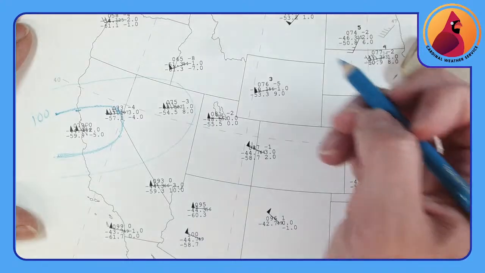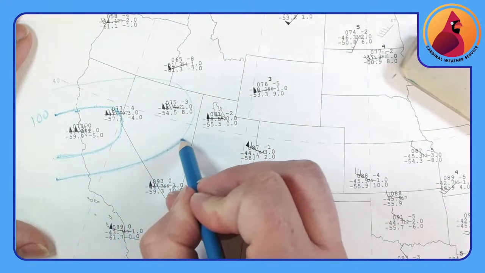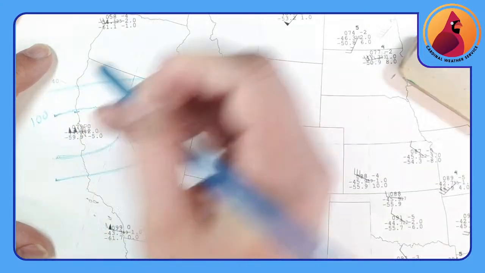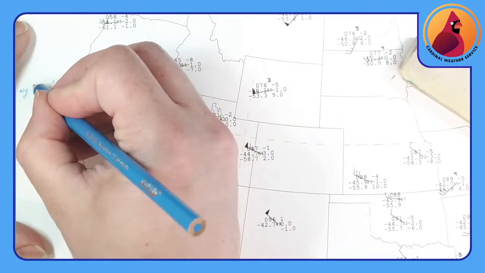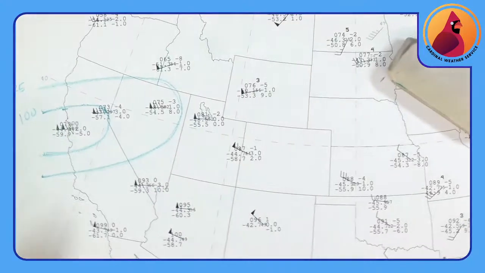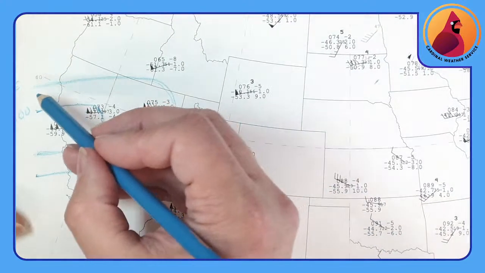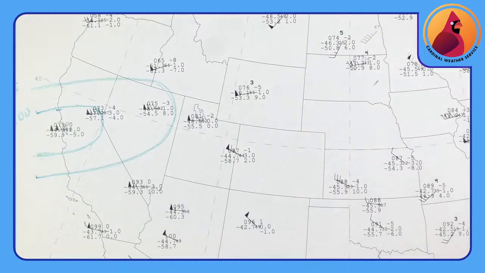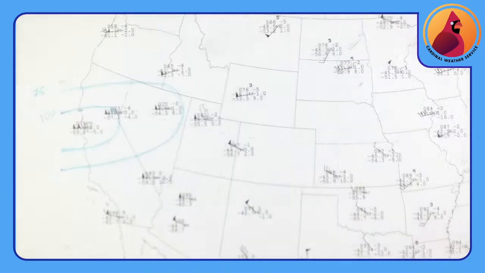We will label this 75. Right, I'll come back and shade this later. Now let's zoom out a little bit.